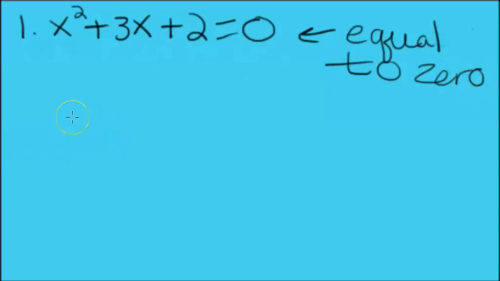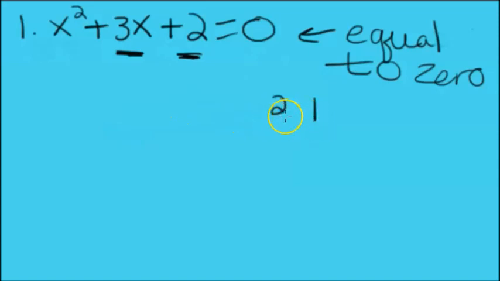Okay, in the next step, we have to try to find factors. So we have to try to find factors that multiply to 2 and add up to 3. So we have 2 and 1.